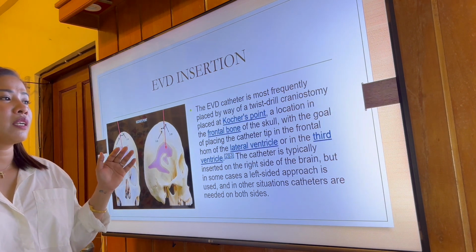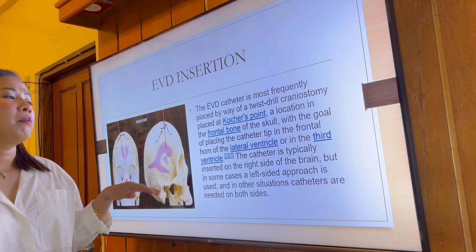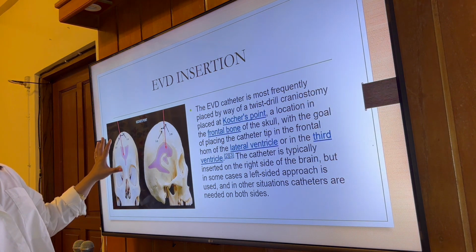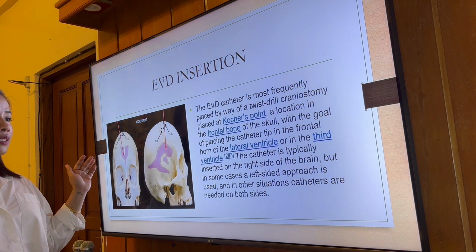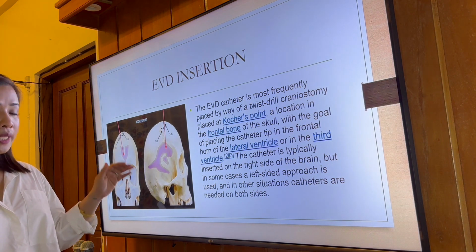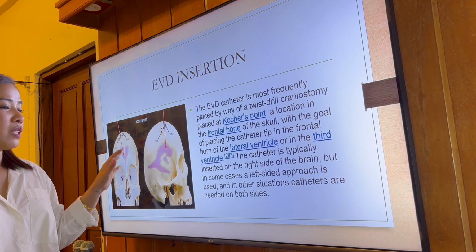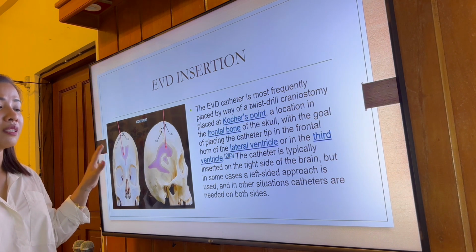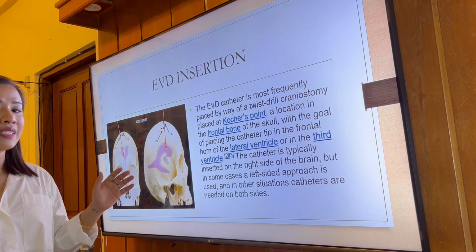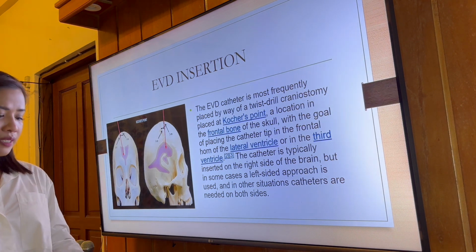The EVD catheter is most frequently placed by way of a twist drill craniostomy at Kocher's point, a location in the frontal bone of the skull, with the goal of placing the catheter tip in the frontal horn of the lateral ventricle, or in the third ventricle. This catheter is typically inserted on the right side of the brain, but in some cases, a left-sided approach is used. And in worst cases, catheters are inserted on both sides.